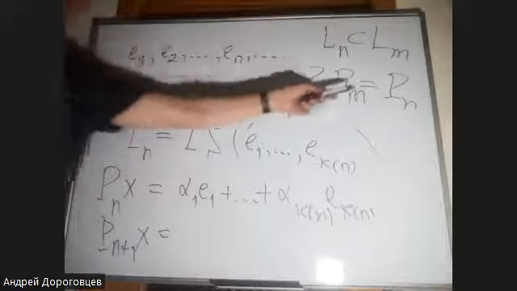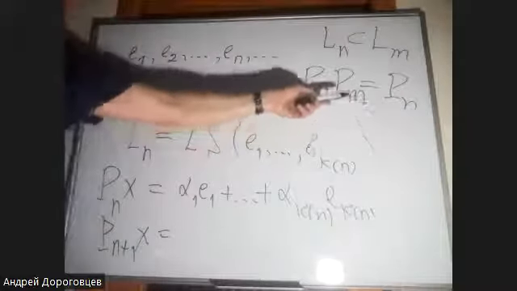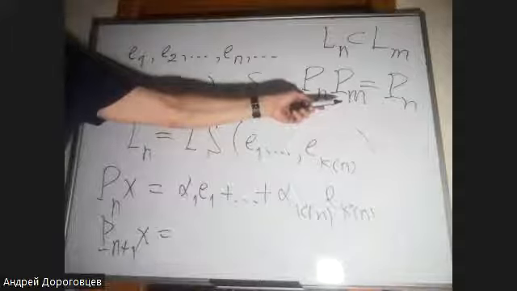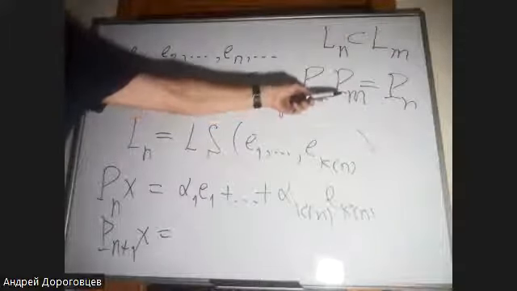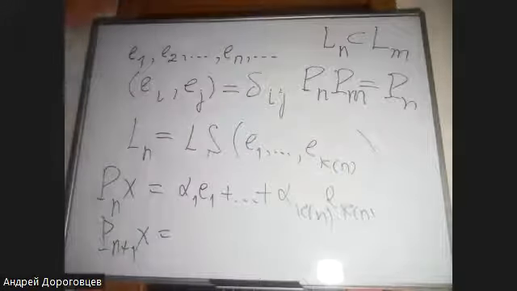I call it telescopic because it is exactly related to the telescopic property of conditional expectation, which is actually a projection in the space of square integrable random variables.